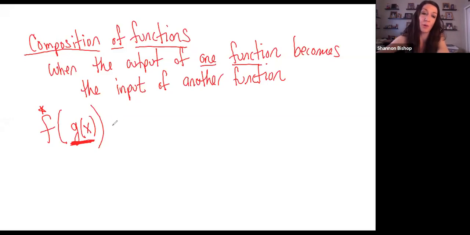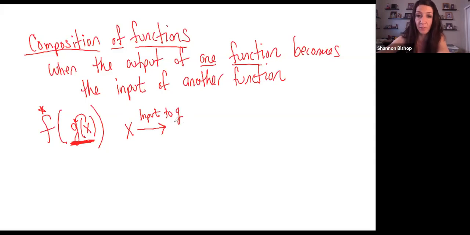Now, how you approach these, you pretty much work your way, notationally speaking, from the inside out. You start by plugging in whatever x is. x is your original input, just like regular function notation has taught us. So x gets plugged in to g. You can see that the x has to go into the function called g. So x is definitely the input to the function named g.